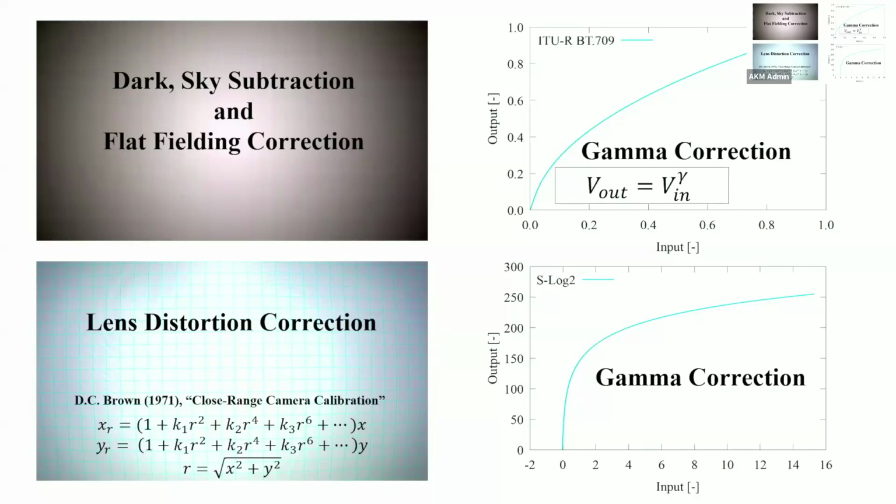Usually it's not linear, so we have to consider this curve for very precise calibration. For example, we strongly recommend S-Log2 in order to avoid saturation for bright meteors, and faint meteors can also be detected using the S-Log gamma function. Those equations are provided by Sony on the internet, so everyone can see the conversion equations in their white paper.